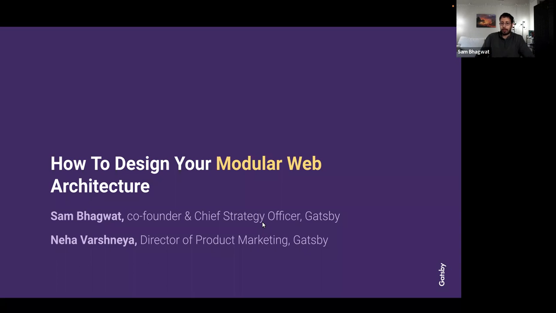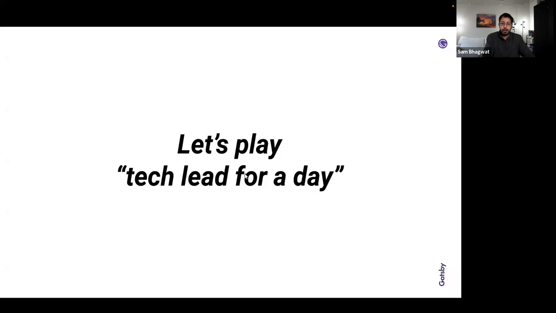The first thing that I want to say, sort of starting off, is that there are so many different types of websites that people need to build, but they do fall in a few specific categories. And I think what we're going to do over the next 25 or 30 minutes is walk through some scenarios and see in that scenario what's the right architecture.